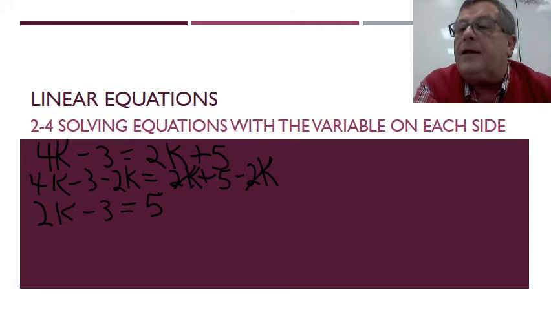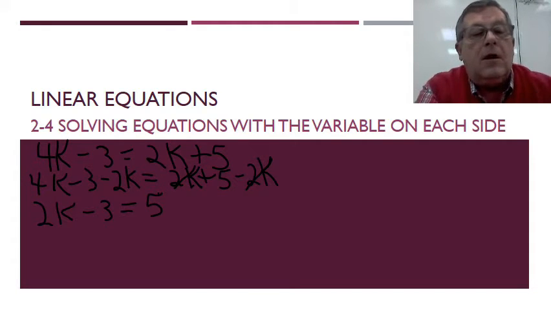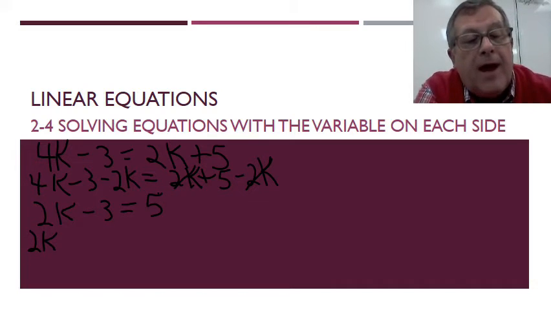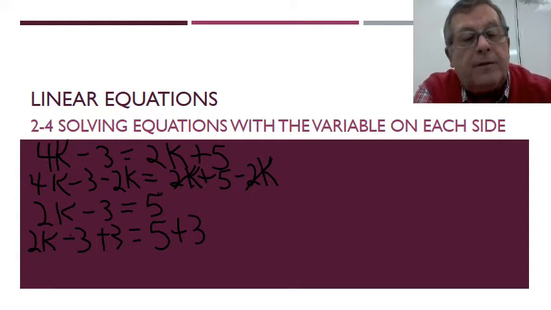Now I got the k's by themselves on the left-hand side, and so now I want to get my constants on the opposite side. So now I'm going to add 3 to both sides of this equation. So I start off with 2k minus 3 plus 3 equals 5 plus 3.